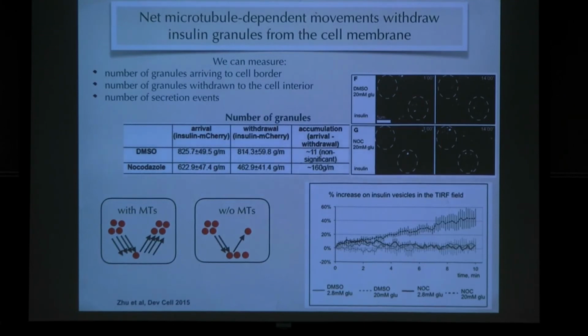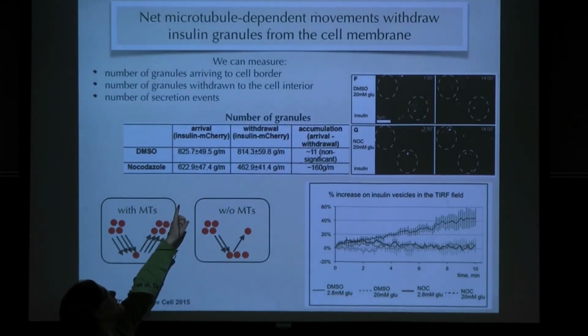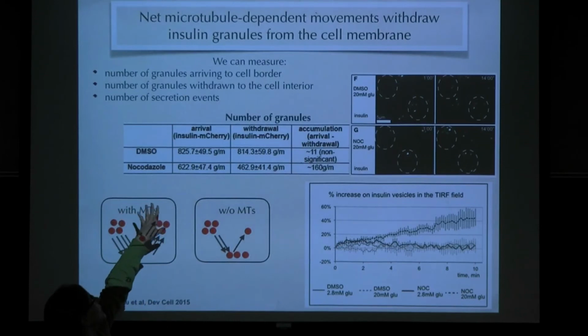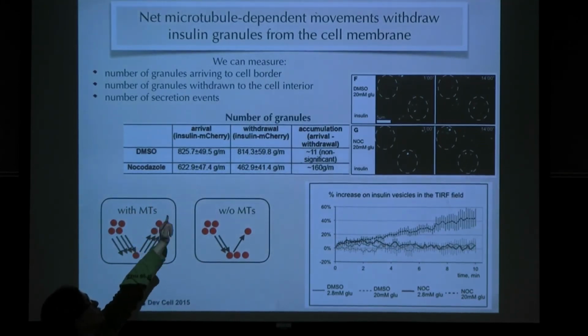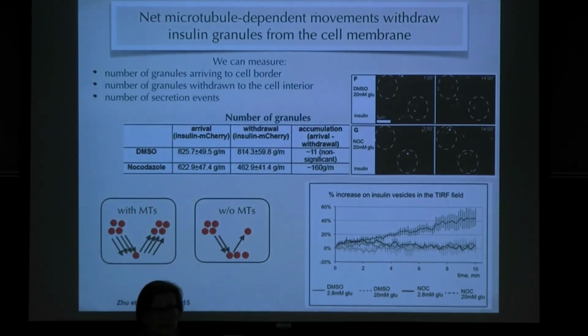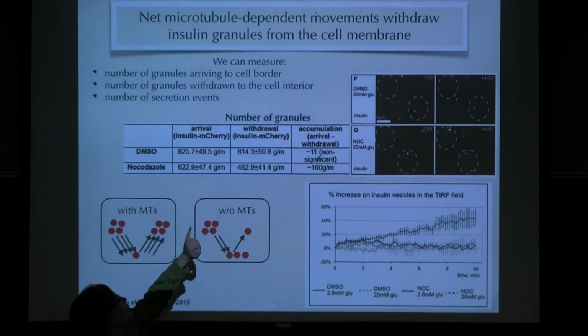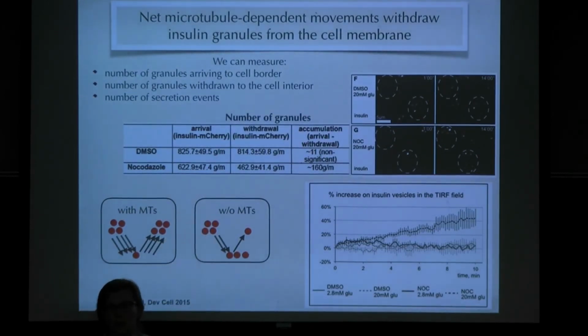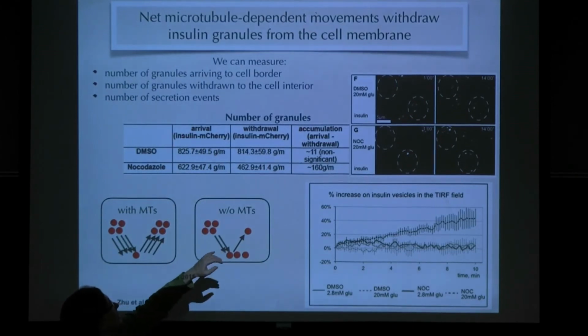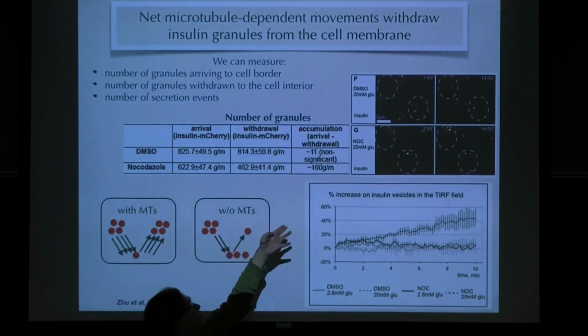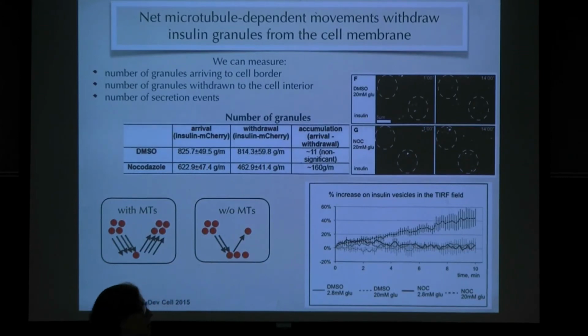If you look at those numbers, you hopefully can see that normally, in control cells, the amount of granules which arrive at and which are withdrawn from the cell surface is the same, or approximately the same. But the amount of granules which arrive in nocodazole, which means no microtubules, is lower than normal because they move slower. But then they cannot be taken away efficiently, and this results in accumulation of a high amount of granules at the cell border.